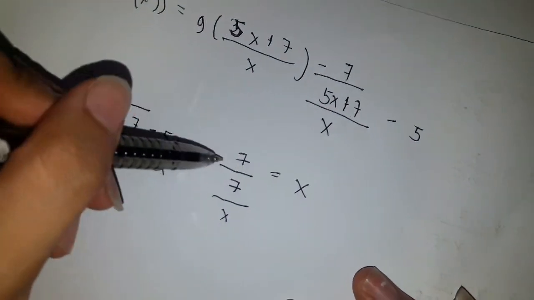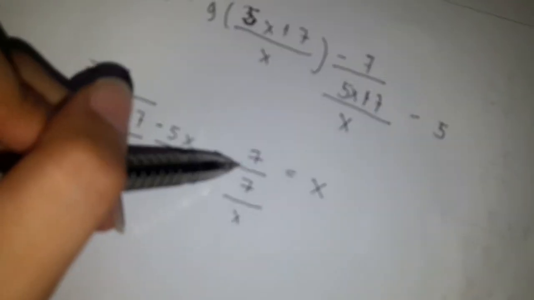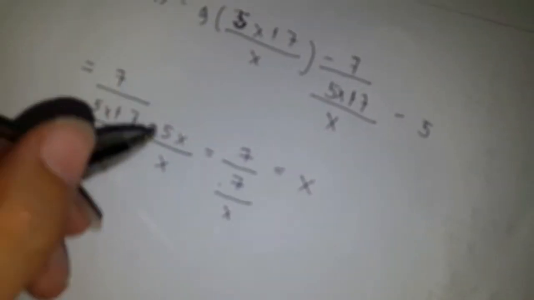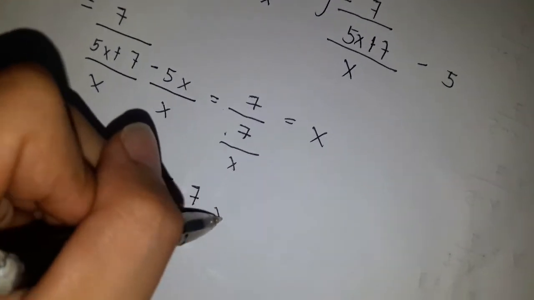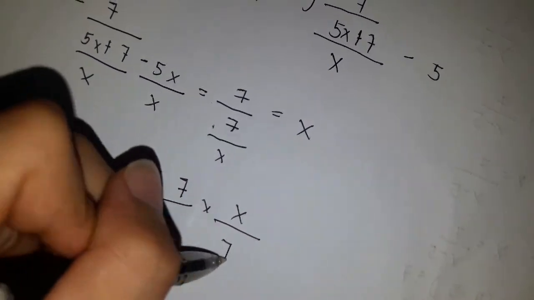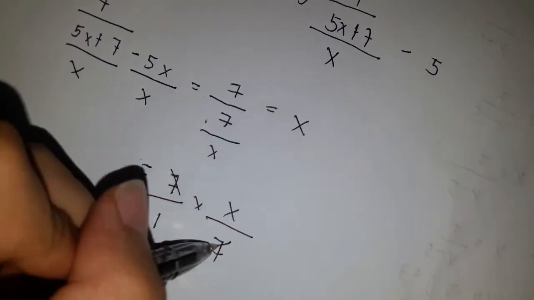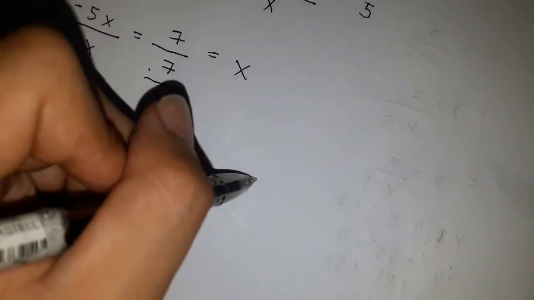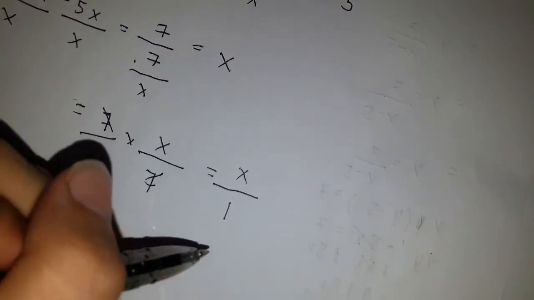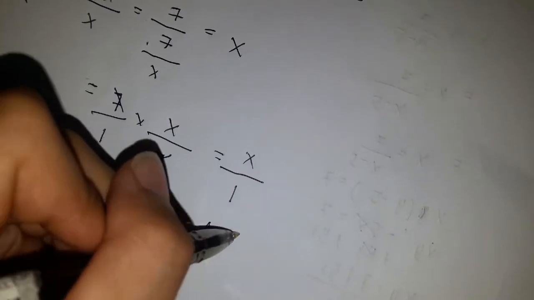So 7 over 1 times x over 7, crossed out and crossed out, and we have x over 1, which is equivalent to x also. So we have the correct answer.